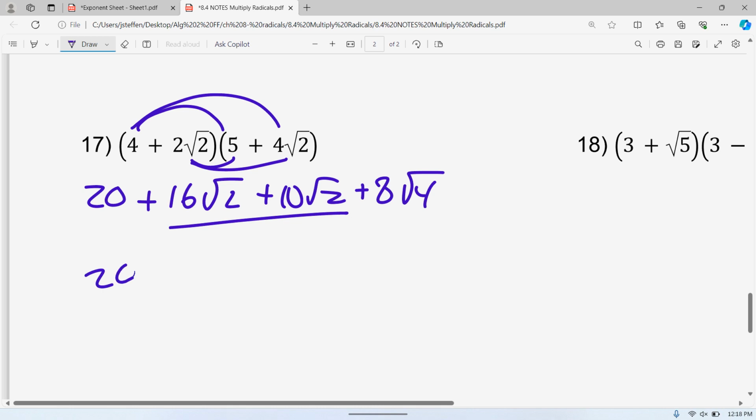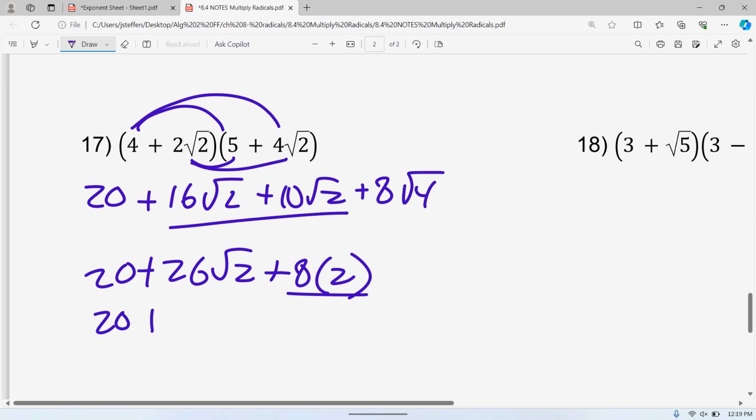That is 26 root 2. Remember, the square root of 4 is the same thing as 2. 8 times 2 is 16. This again, that's fine, you don't have to. 20 plus 16 there, plus 26 root 2.